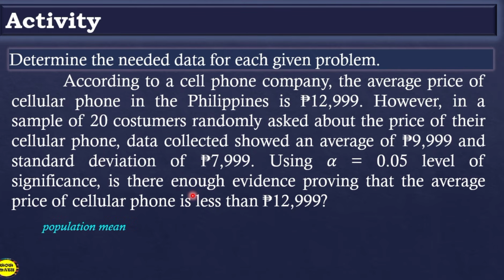So based on the problem, what are the given data? The population mean is what? 12,999. Nasa first sentence siya. And then, how about the sample mean? Since nakalagay naman dito, however, sample of 20 customers, dito pa lang alam mo na yung sample size, and then nakalagay dito that their cellular phone data collected shows an average. So yan yung clue natin kapag kinukuha natin yung population mean and sample mean.